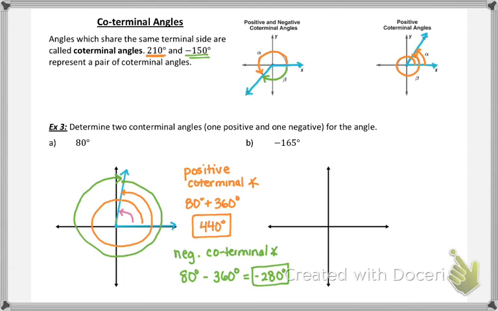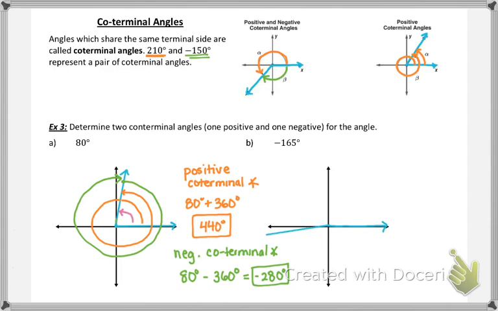And so let's take a look at the next one. Negative 165 degrees. So here is my initial side. And then because it's a negative angle, I have to rotate clockwise this way. Okay, 90. Now, negative 165, that's 15 away from 180.